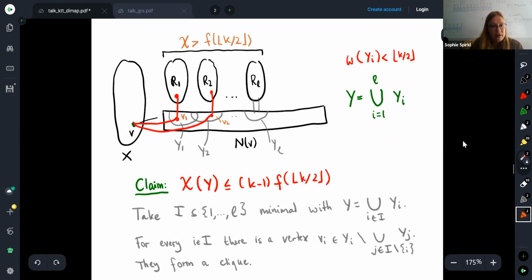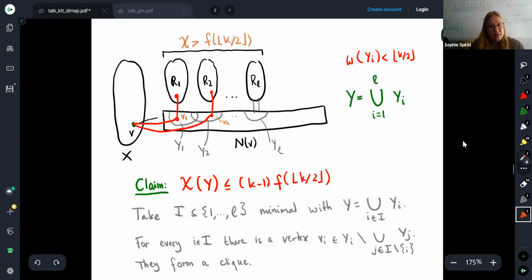We also know that these have chromatic number more than k over 2, so there's a clique of size more than k over 2 in each of these by induction, which means that since these are all adjacent to every vertex of R, Yi has no clique of size k over 2, so the clique number of Yi is less than k over 2. And let's look at the set Y, that's the union of all the Yi.